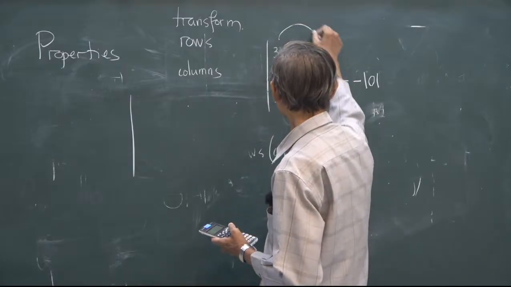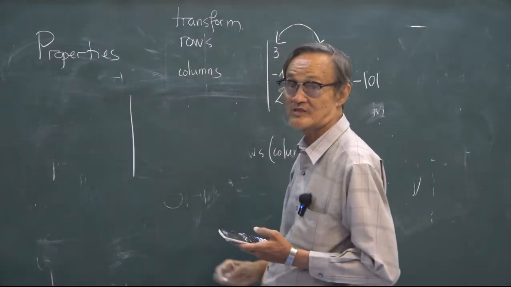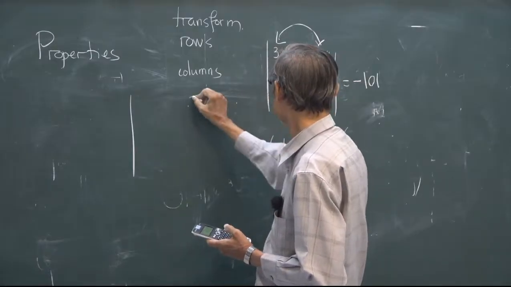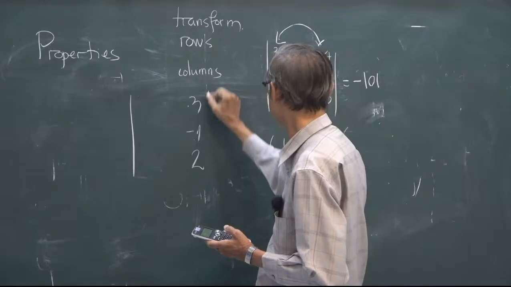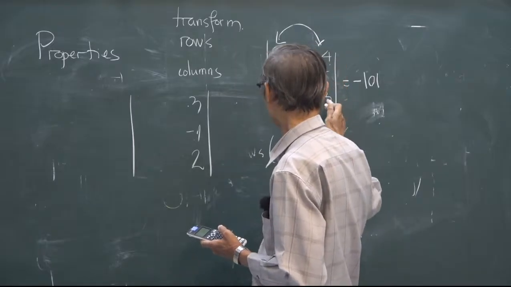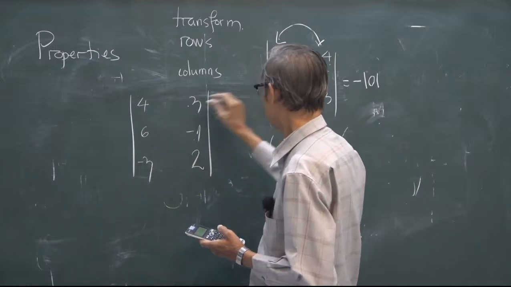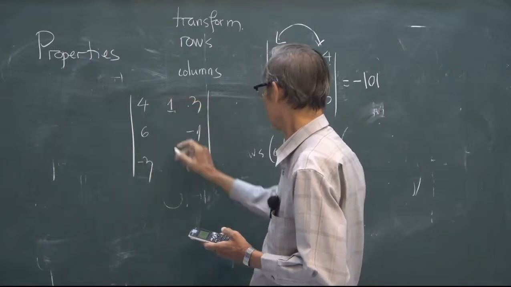Now we exchange two columns. Column 1 becomes column 3: 3, minus 1, 2, 4, 6, 4, 6, minus 3, and remain column 2.